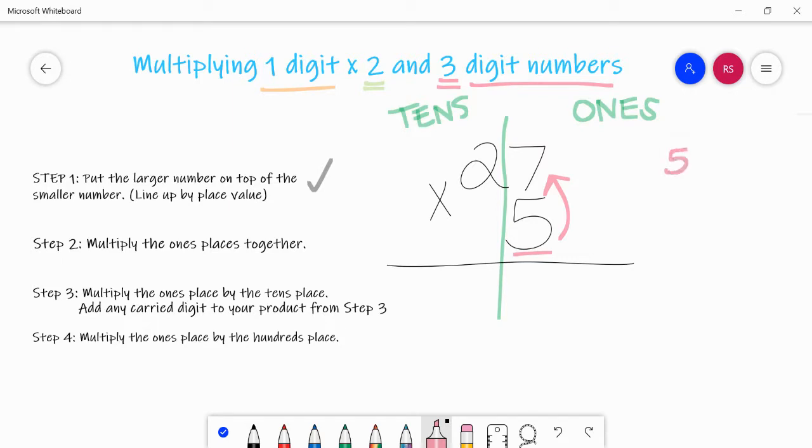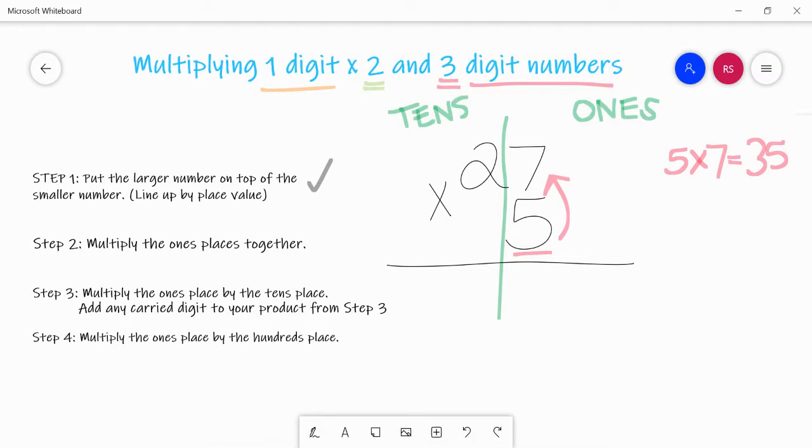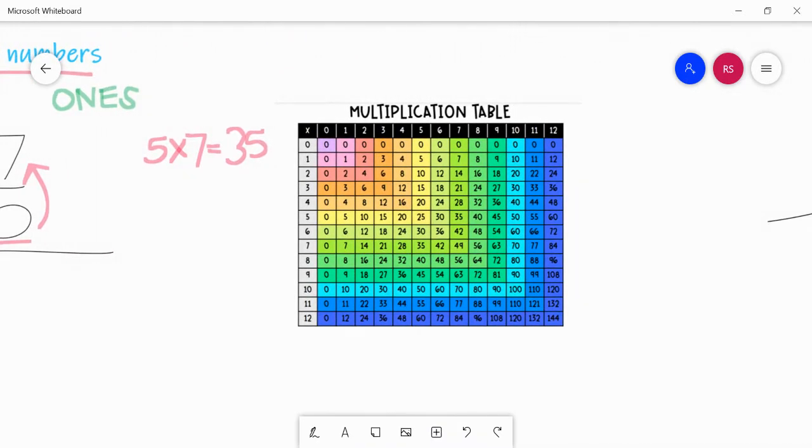And then I like to write my problem over here on the right-hand side. So 5 times 7 is the multiplication problem that I'm going to do. And I know that 5 times 7 is 35. Now, if you maybe didn't know that 5 times 7 is 35, we can count by 5 7 times, or we can check our handy dandy multiplication table.